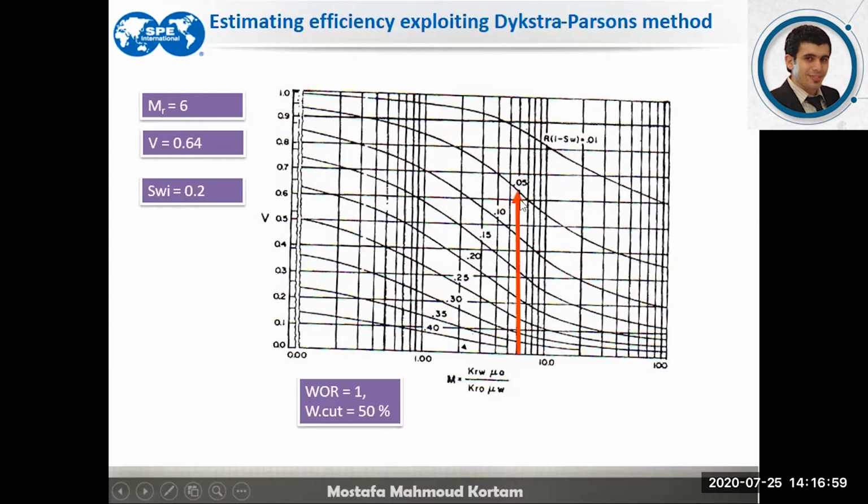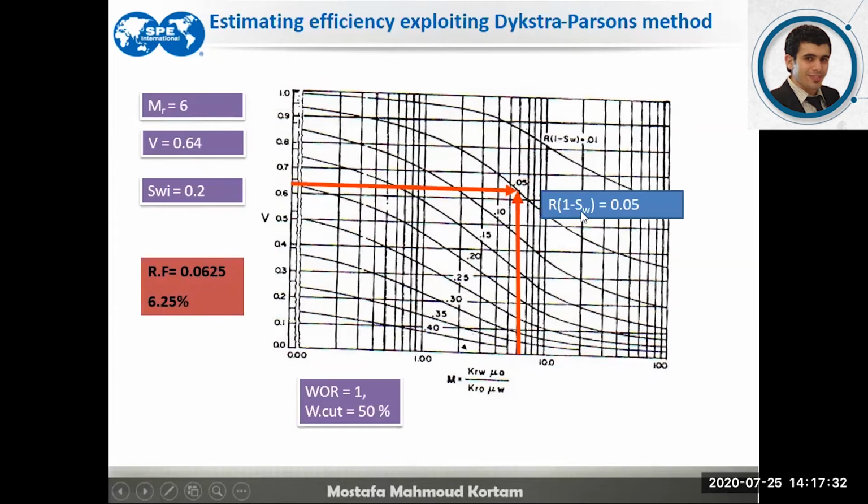As we know, we estimated the mobility ratio of that field at about 6, and the extraversion coefficient is 0.64. The intersection of these two parameters is projected on the curve that represents the recovery times 1 minus initial water saturation, which gives 0.05 as a value. Substituting the initial water saturation of 0.2, that would produce 60% as a recovery factor.